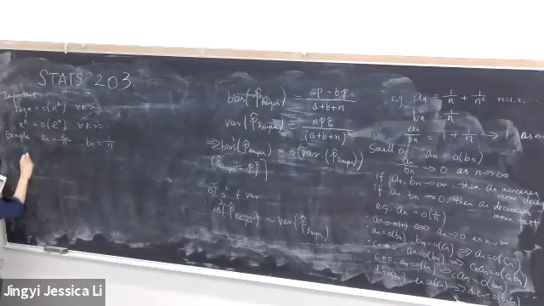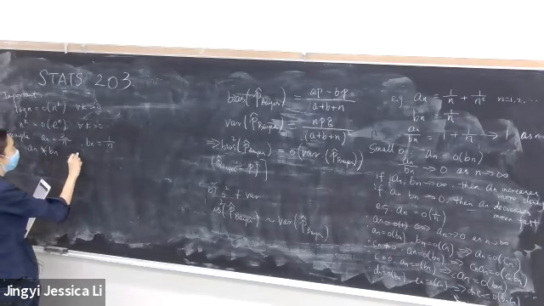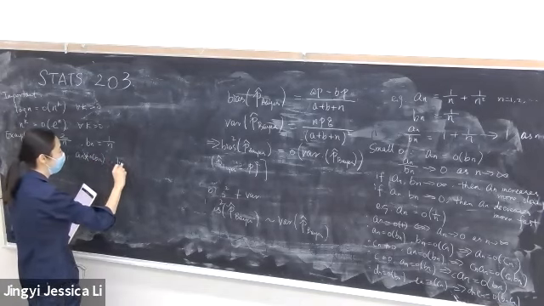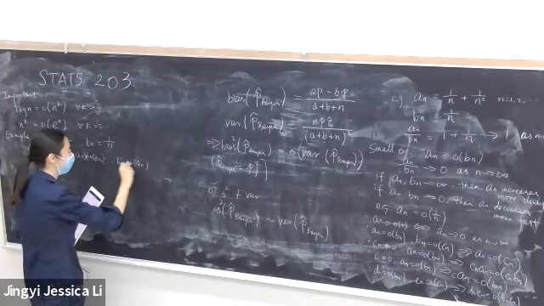We cannot say they are asymptotically equivalent because if you take the ratio, the ratio is always 2 instead of 1, so it doesn't converge to 1. And also, we cannot say a_n is small o of b_n or b_n is small o of a_n.